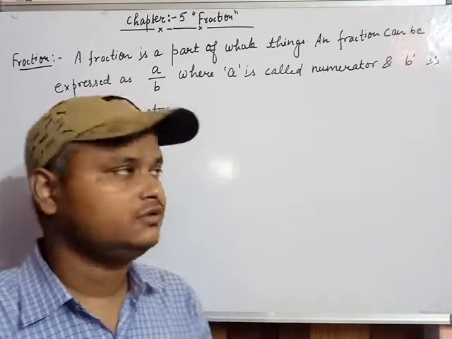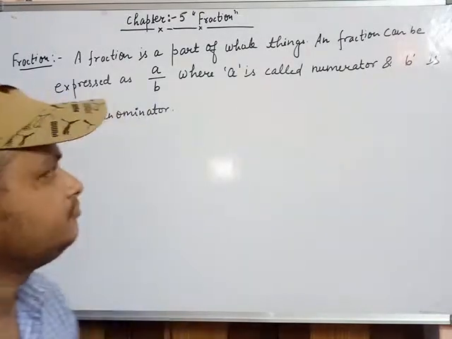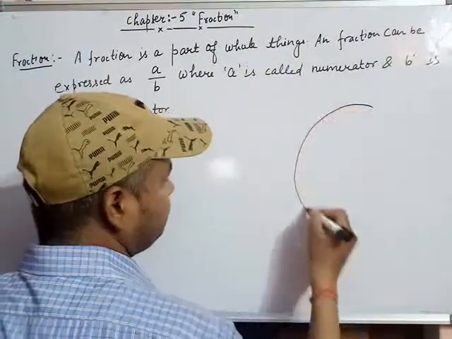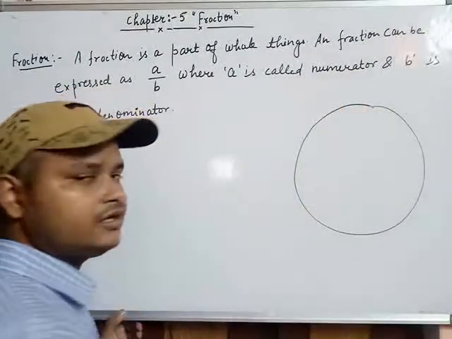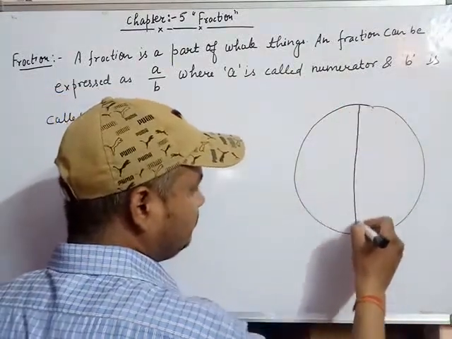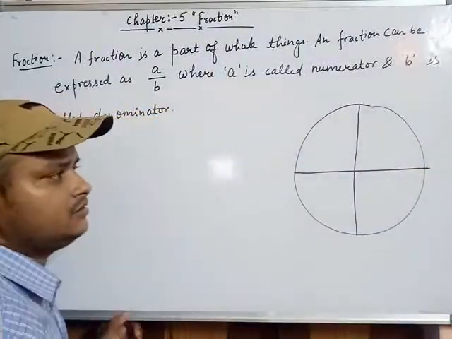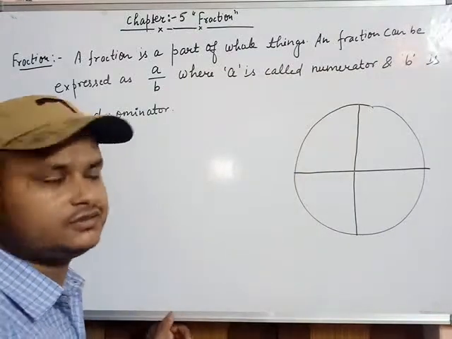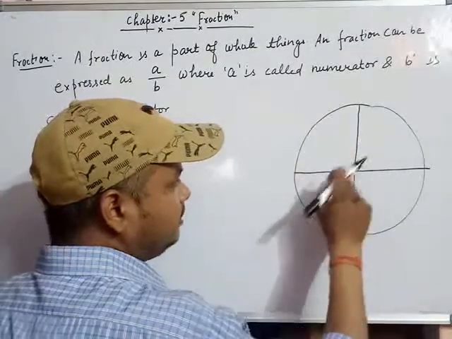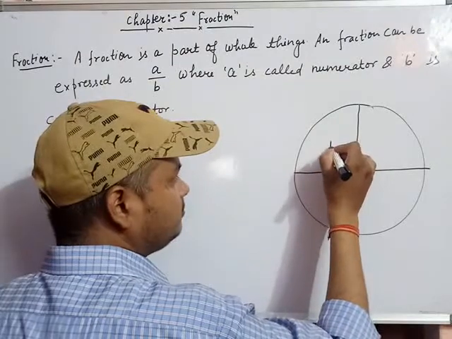Now this concept can also be understood like this. Suppose this is a circle, and if I divide this circle into 4 parts, then each part is called a fraction of the circle, because this is the first part.